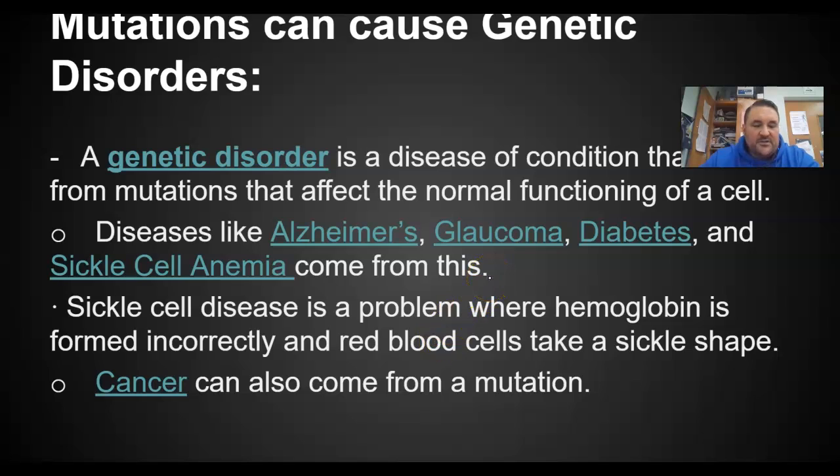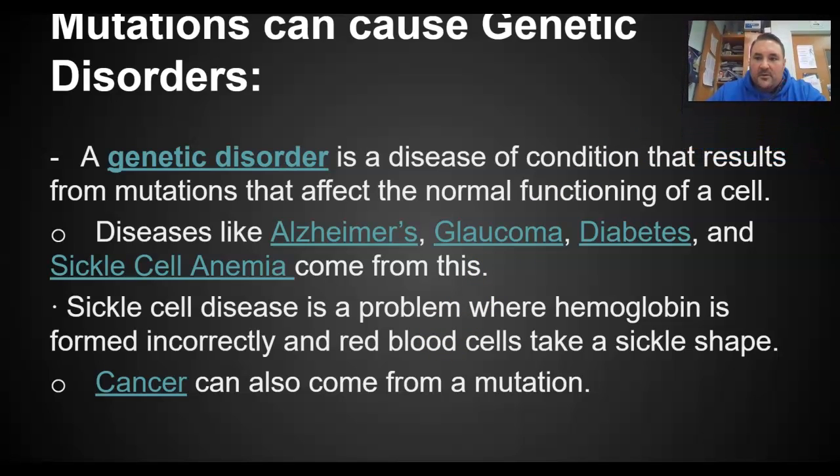Other types of genetic disorders that we're going to talk about in this chapter are places where the genes cause something wrong. Alzheimer's, glaucoma, which is a disease of the eyes, diabetes. I've had several diabetic students over the years who can't produce insulin.